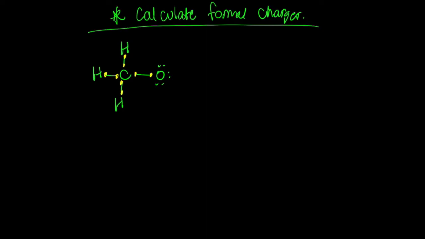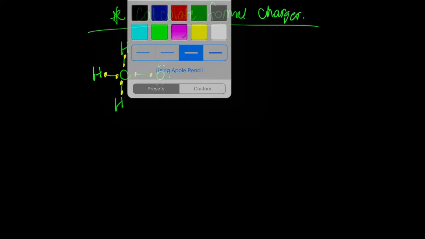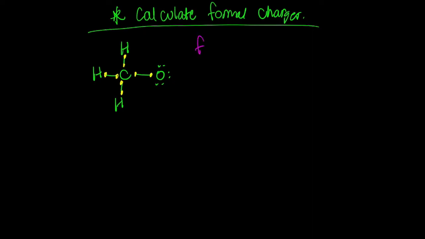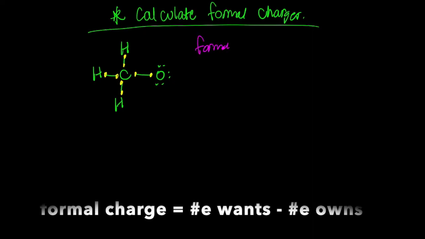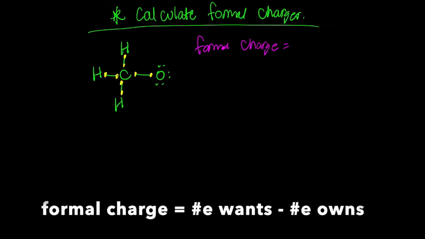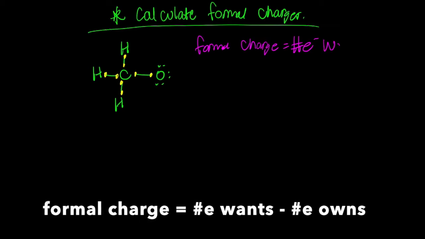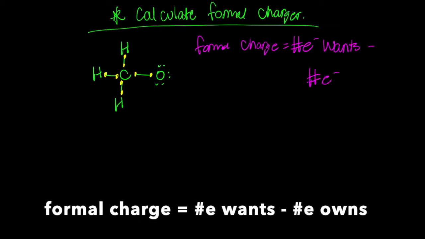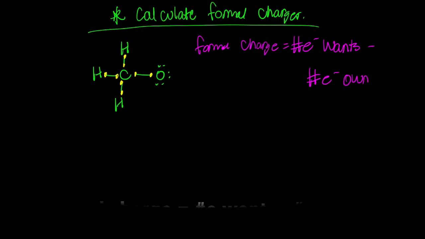And my formula looks like this. Formal charge is equal to the number of electrons an atom wants minus the number of electrons the atom owns.